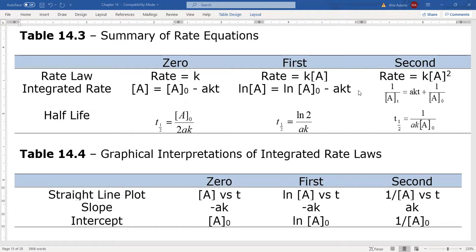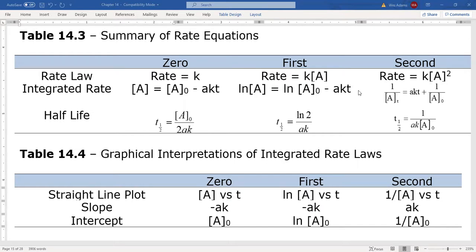And for graphical interpretations, 0 order concentration versus time is a straight line, so you can actually plot these and determine the rate law or what the order is if you had graphical data. ln of A versus t is the straight line for first, and 1 over A versus t is the straight line for second.